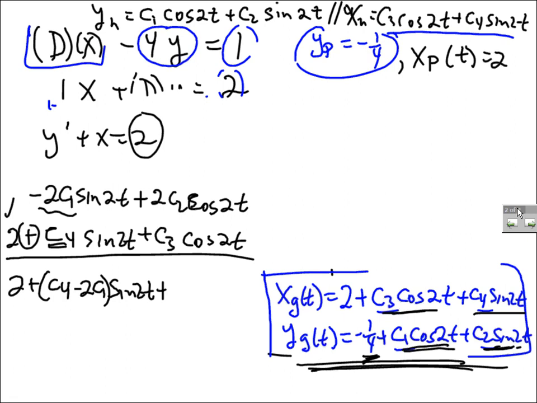How many cosine of 2t's do I have? Well, I have 2 c2's, and I'm adding c3's. That is how many cosine of 2t's I have.